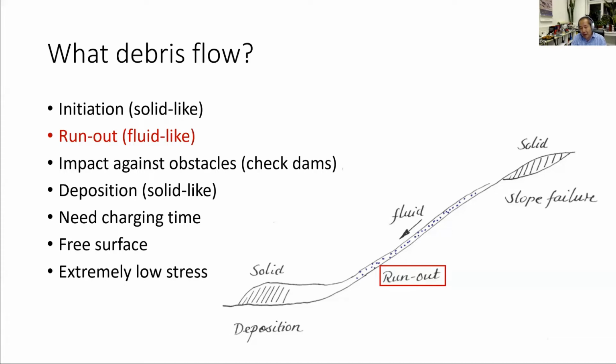The second thing, which is less well known, is the extremely low stress level, right? Because we have debris flow with a depth of about 1, 2 or 3 meters. If you calculate the self weight, you come to a stress of about 10, 20 or 30 kilopascals. And this is very low in soil mechanics.